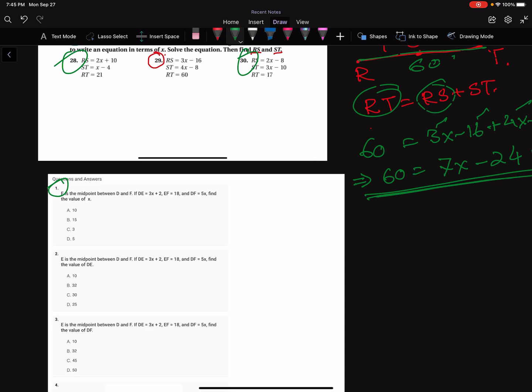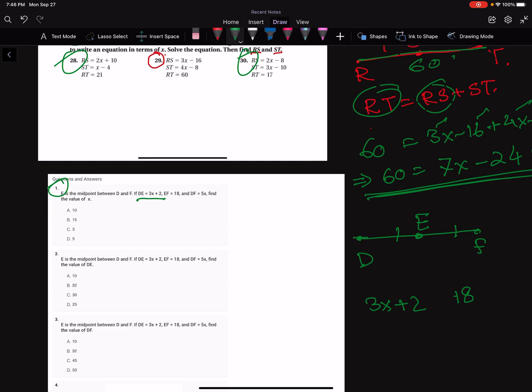E is the midpoint between D and F. If this is your D and this is your F, then E is just in the middle, so DE and EF have to be equal. Now DE is given as 3x plus 2, and EF is 18, and DF is 5x.